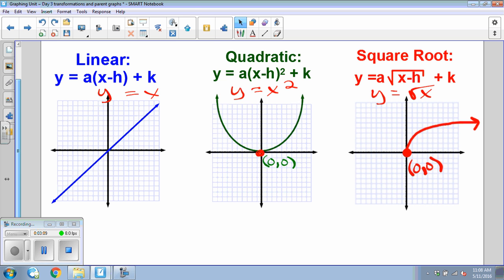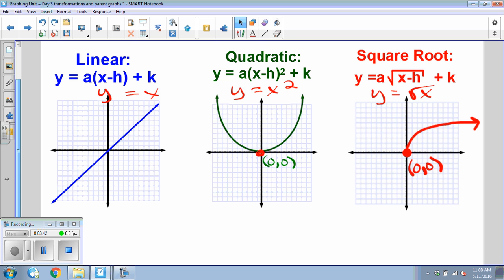Now I want to talk a little bit about y equals x squared, its graph, compared to y equals the square root of x and its graph. X squared and the square root are inverses of each other, right? Okay. So you would think that on a graph, the graphs would look the same. It would just be sideways. Right?